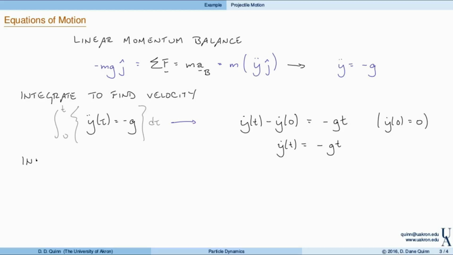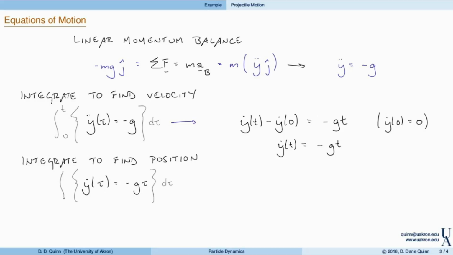And we integrate again to find position. So we'll take the expression for velocity that we just determined, which is y dot, and again tau will be our dummy variable for the integration, is minus g times tau.